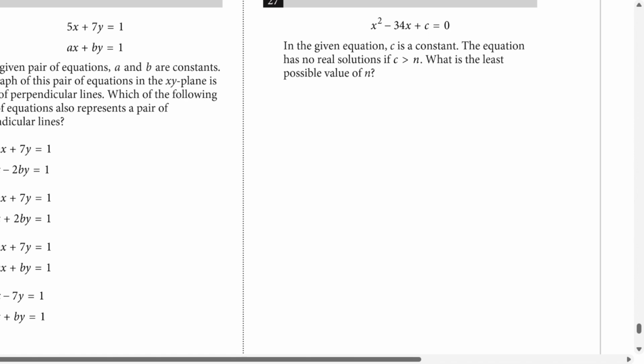In the given pair of equations, A and B are constants. The graph of this pair of equations in the xy plane is a pair of perpendicular lines. Which of the following pairs of equations also represents a pair of perpendicular lines?